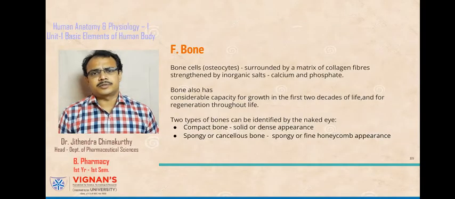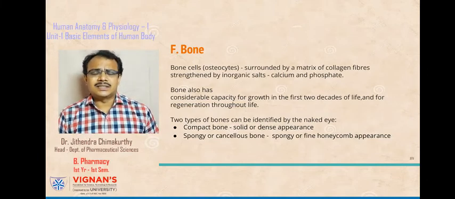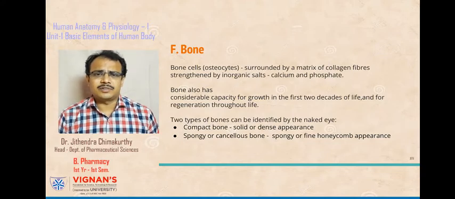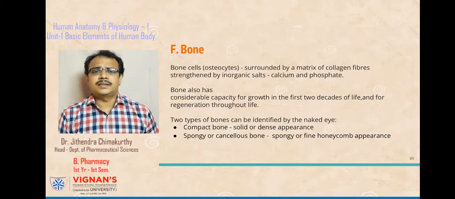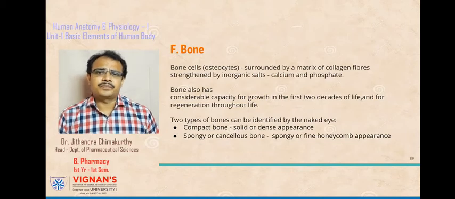The other type of connective tissue is bone. Bone is the most rigid type of connective tissue, and it consists of various cells called osteocytes, which are widely dispersed within the collagen fibers, and these collagen fibers are once again reinforced by inorganic salts such as calcium and phosphate, which gives them their density and rigidity.